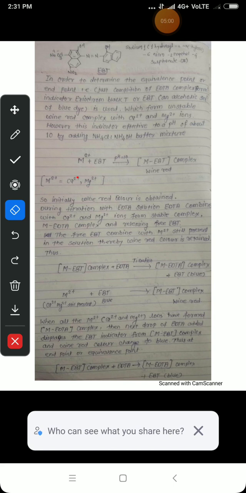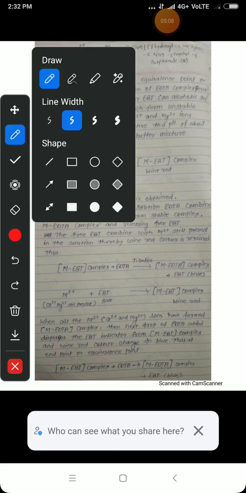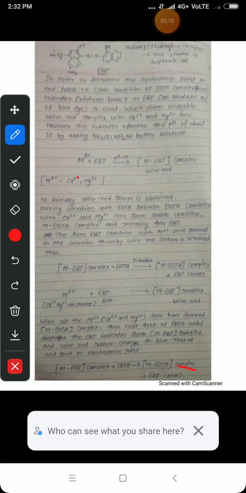Once all the EBT present in the complex is free, the wine red color of the solution changes to blue. EDTA replaces all the Eriochrome Black T molecules and forms a metal EDTA complex. At this point, the titration is completed and the end point is shown by the color change.